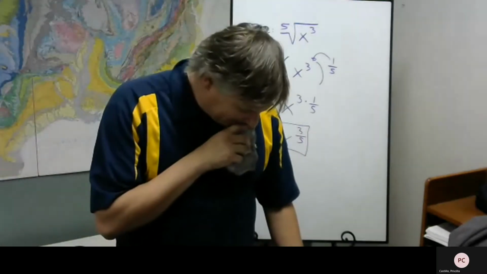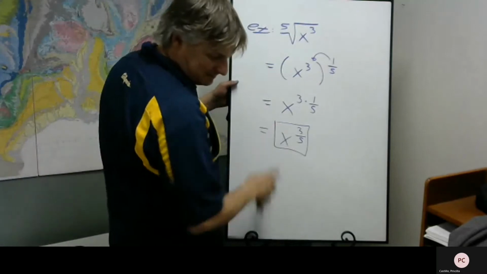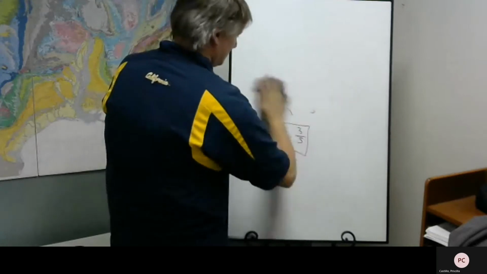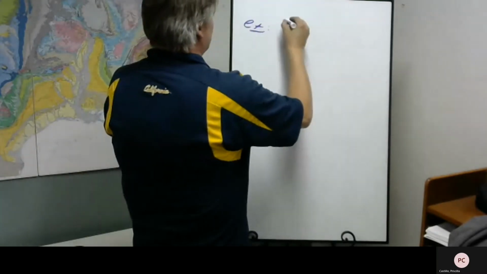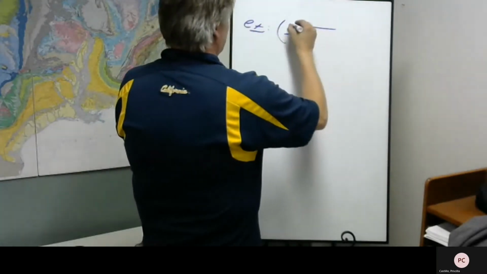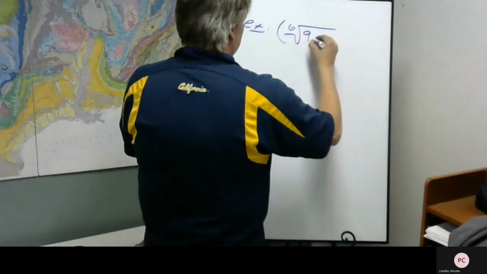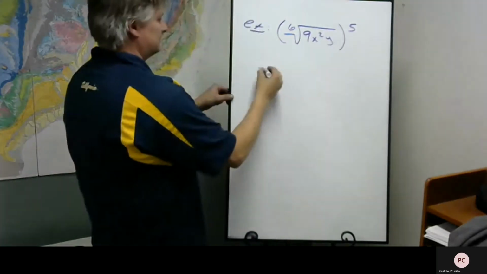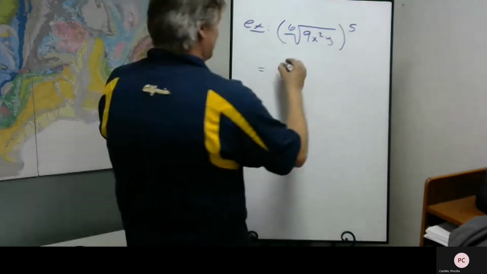Let's see here. Let's say we've got this. Well, again, let's convert that into a rational exponent.